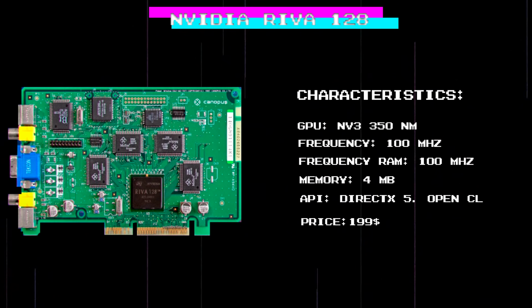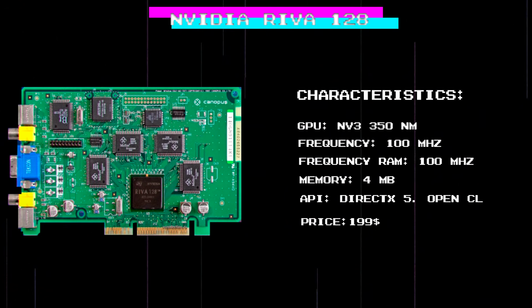The Riva 128 graphics processor itself was manufactured according to 350nm technological standards, contained 3.5 million transistors, and its frequency was an impressive 100 MHz. The video card used SGRAM memory, the volume of which was 4 MB, and the frequency was 100 MHz.